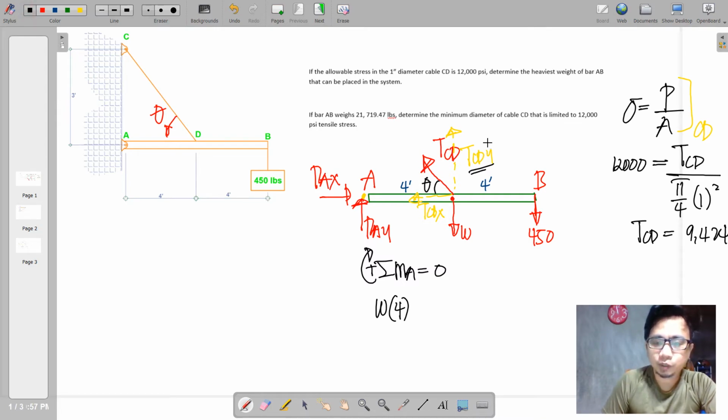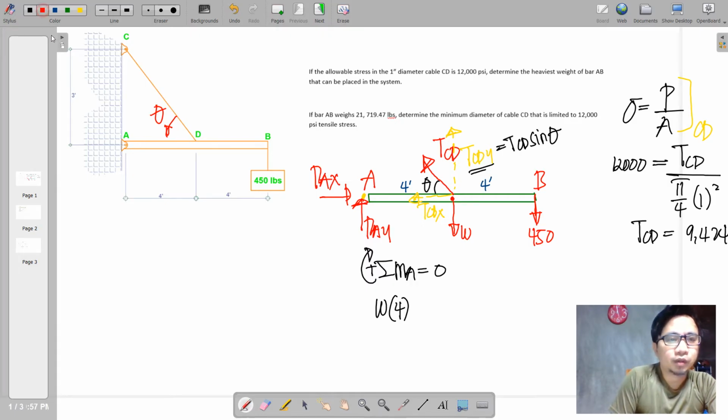If we deal with the opposite, the function is sine. Therefore, this is equal to TCD sine theta. So TCDY is in terms of TCD.